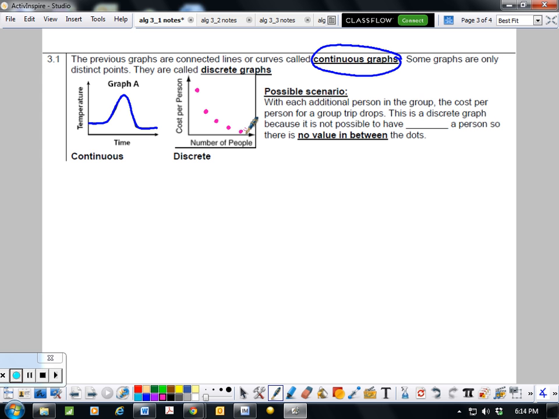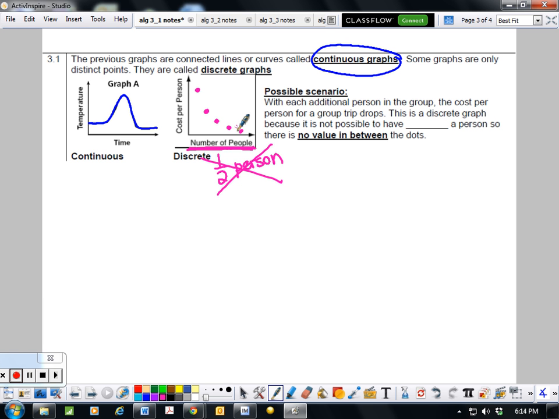And so for an example, we have number of people. The reason why number of people is not connected is because I can't have half a person. That just can't occur. So then we only have distinct points for one person, two people, three people, four people, five people. And what this is showing us is that the cost per person drops the more people you have.